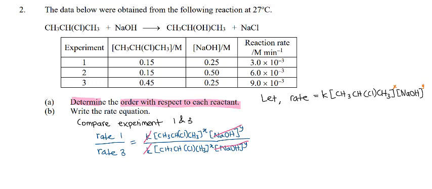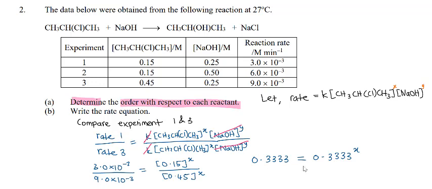And then you can substitute the values into the remaining expression. You should get 0.333 equals 0.333 to the power of x. To find x, we are going to take the log of both sides. So you will get x equals 1.